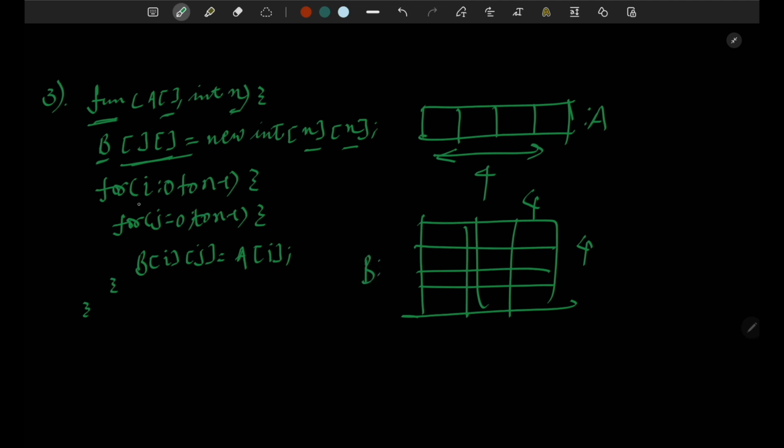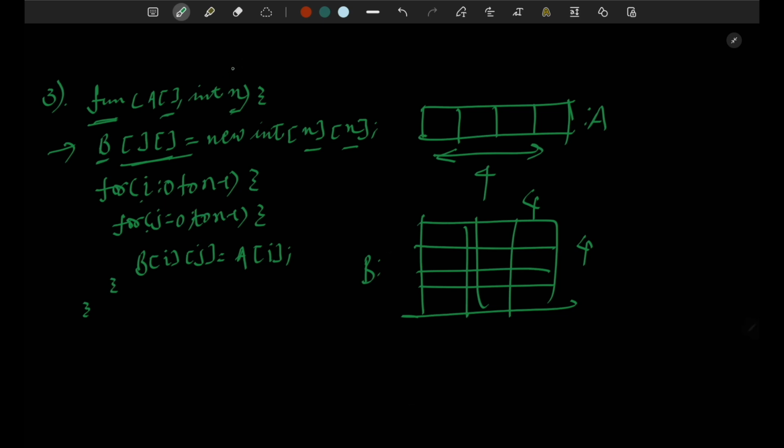Of course we have constant space taking variables i and j, those are not going to lead to any sort of space complexity, right? The only thing which is going to lead to the space complexity is this particular array that we are creating, the new extra array, and this is of size n cross n.